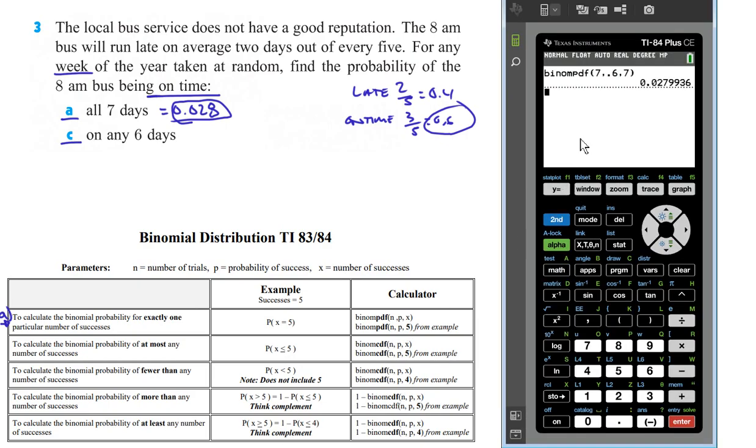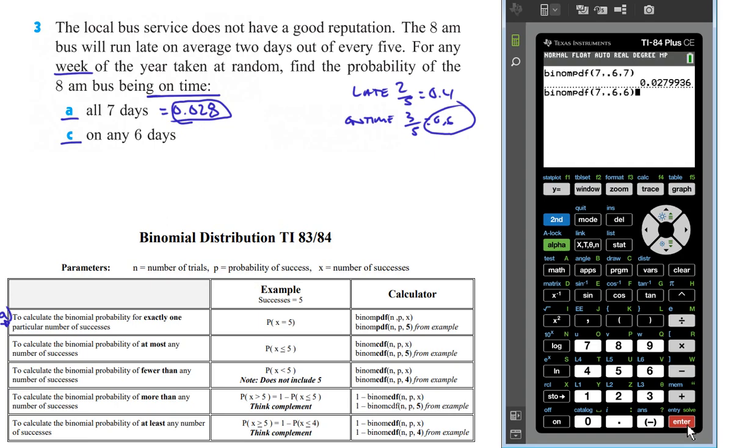Okay, so really that would be a binomial PDF again. So we do second variables. Trials are 7. Probability is still 0.6, and now we want to know what's the probability it'll be on time 6 of the days.